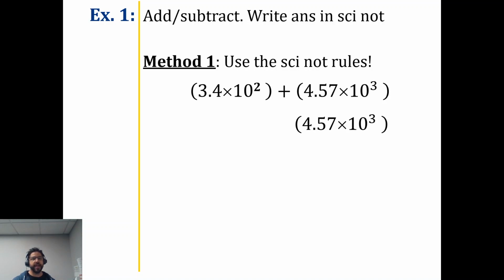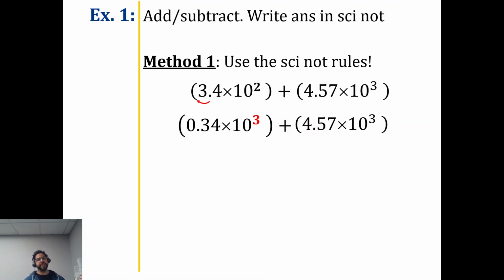We make it a smaller number so that we can have a larger exponent. Some students get that pretty easily, others not so much. Method 1, we're moving the 3.4 into a 0.34, but it has a larger exponent.